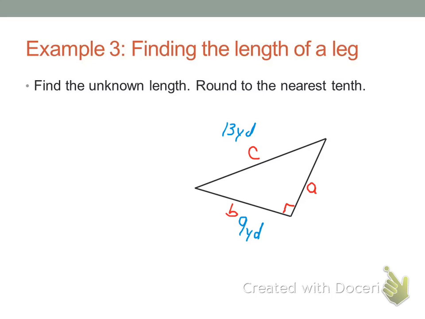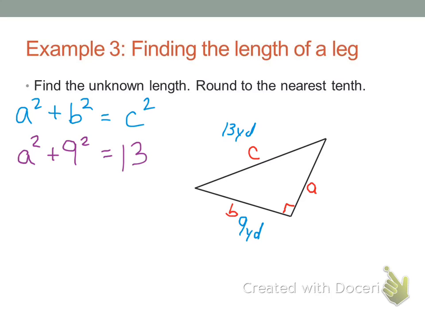You solve it the exact same way, except now you're substituting your values into different parts of the Pythagorean theorem. So you still have A squared plus B squared equals C squared. But now A is what you don't know. So A squared now is your unknown, plus 9 squared equals 13 squared, because 13 is my value for C.